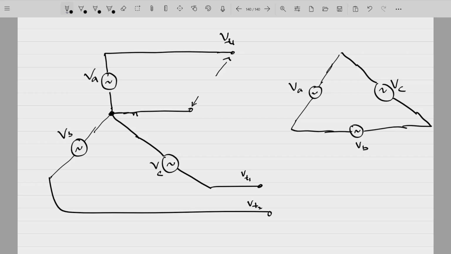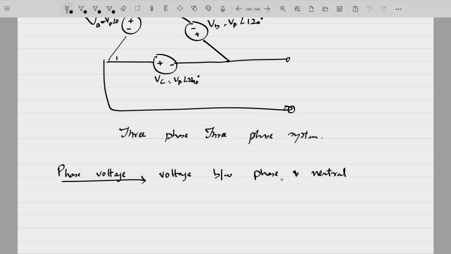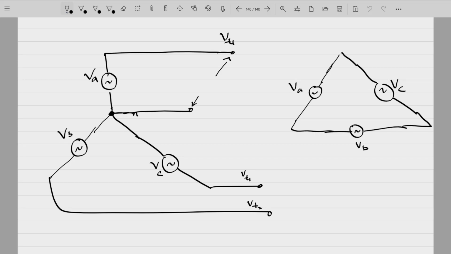Whatever voltage is across your terminal node and your reference node or the neutral node, that is known as the phase voltage. Phase voltage, simply put, is the voltage between your phase wires. These are known as phases actually. These wires, between your phase and the neutral, it is known as the phase voltage.